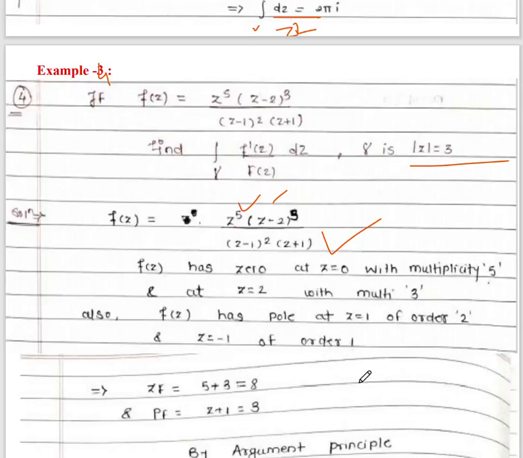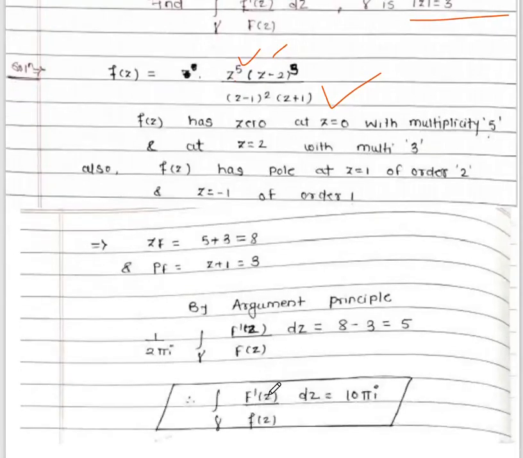Therefore the zeros of the function number 5 plus 3, that is 8, and the poles of the function number 2 plus 1, that is 3. So by using the argument principle, 1 upon 2 pi i integral over curve gamma of f dash of z upon f of z dz equals 8 minus 3, that is 5.